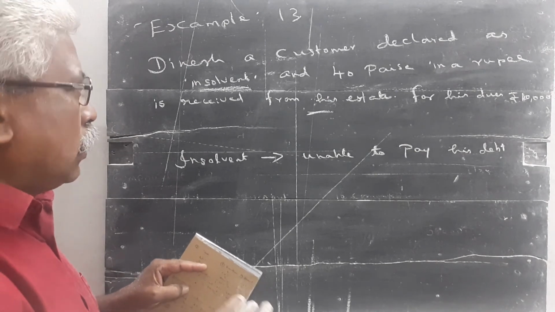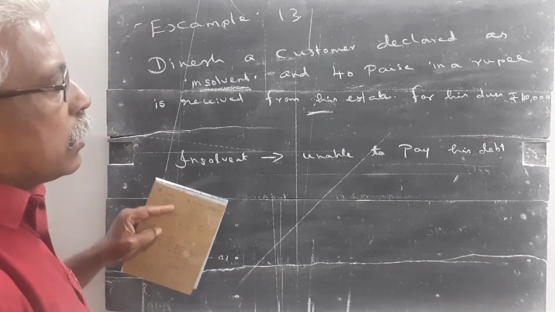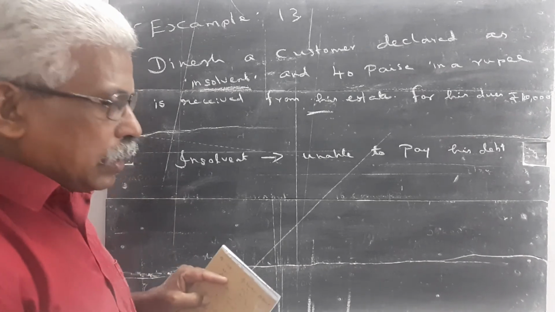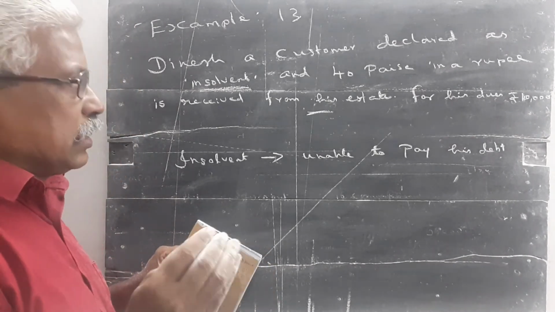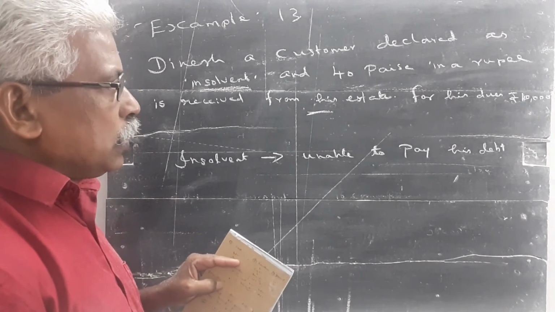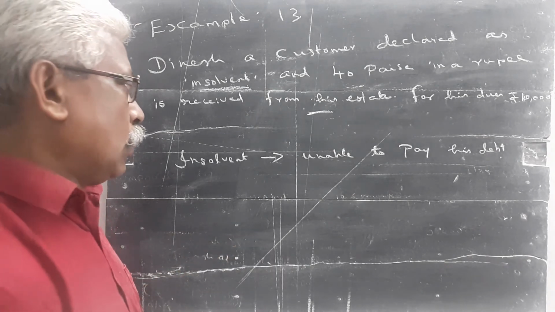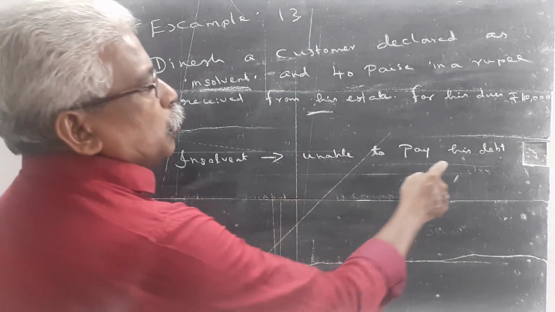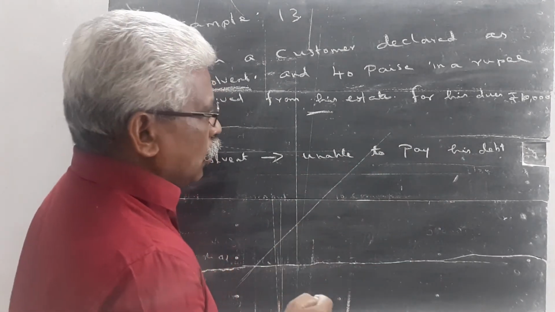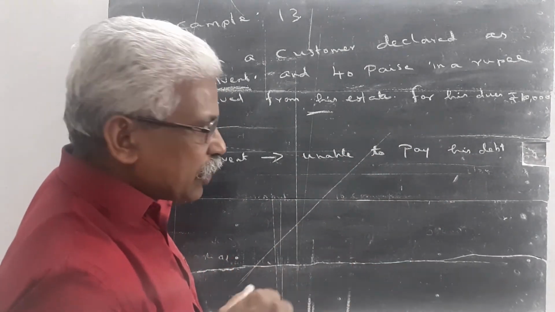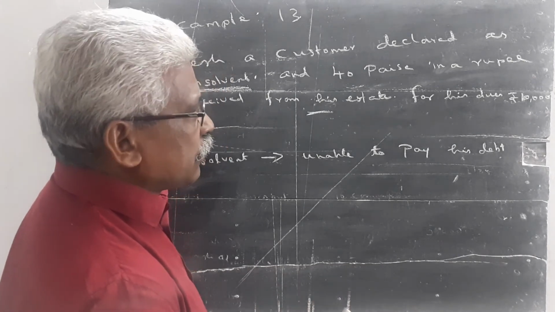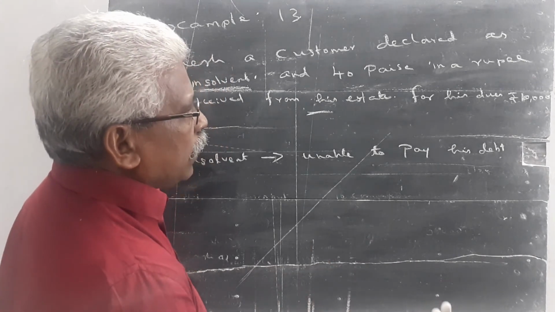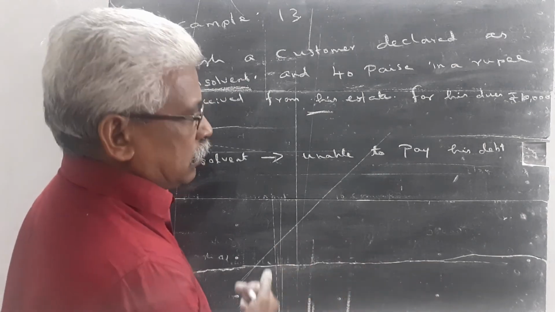So, the court appoints an official receiver and collects the amount from his personal properties. The official receiver collects the amount and pays the amount to the creditors.